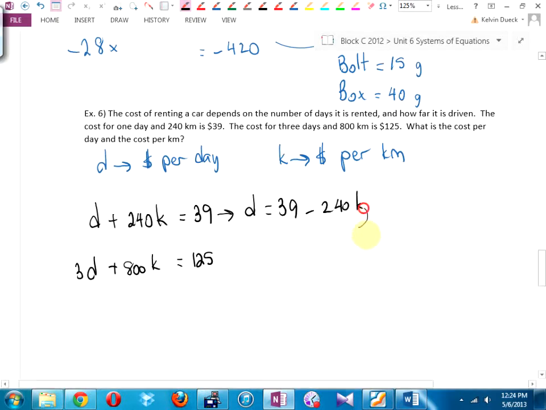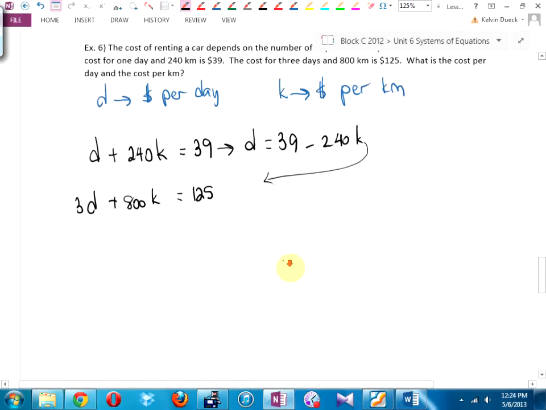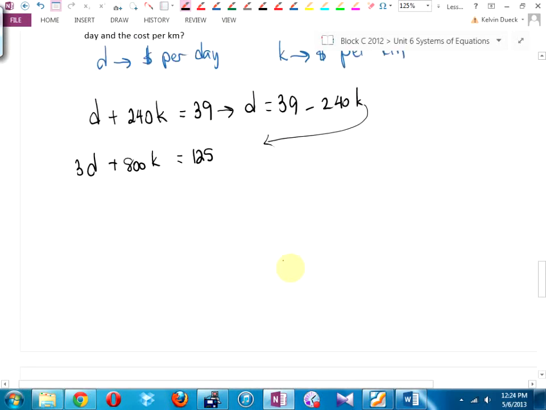And you're saying that that can go into here? I think so. How much room have I got? Oh, lots of room. So 3 bracket 39 minus 240K close bracket plus 800K equals 125.